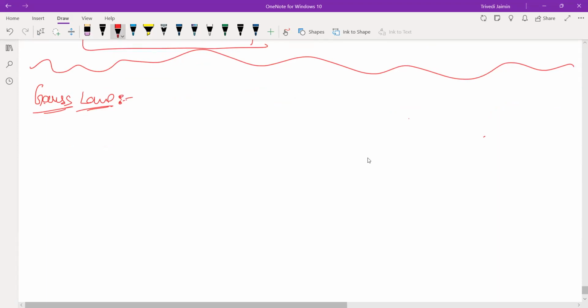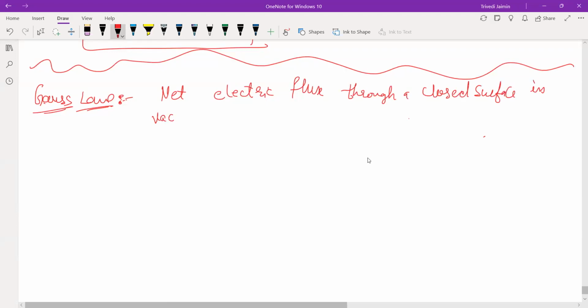Okay. So here, net flux through a closed surface in vacuum is equal to 1 by epsilon naught times the charge within the surface.